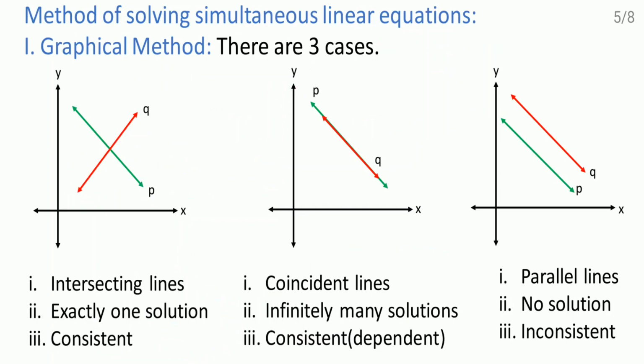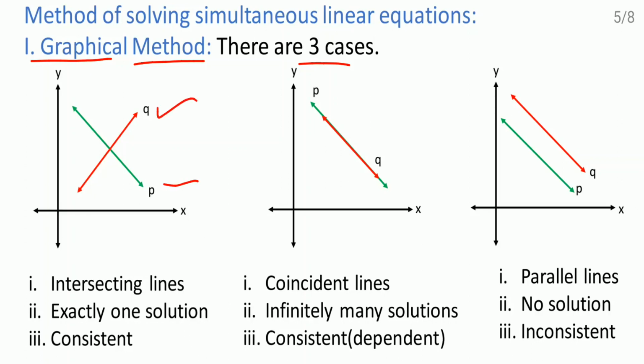Method of solving simultaneous linear equations. There are two methods. Out of that, first method is what? Graphical method. In this graphical method, there are three cases. Look at the first one here. First graph you just see. I have two equations. So definitely I'll get two graphs. You can say two lines on the graph paper. Okay. This is P for the first equation and Q for the second equation.